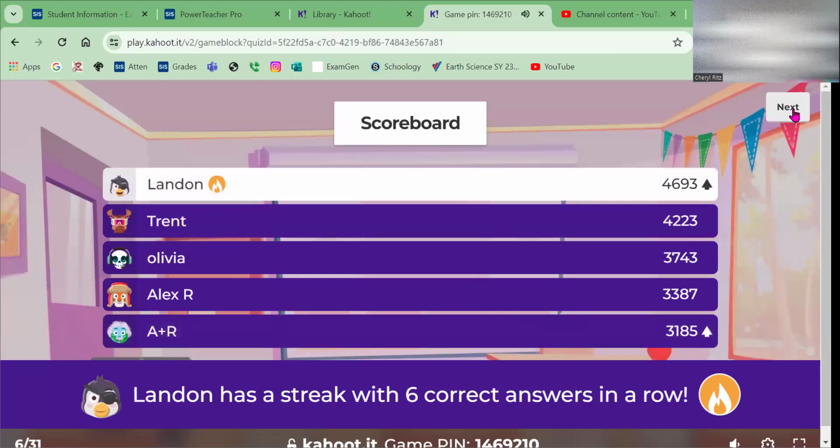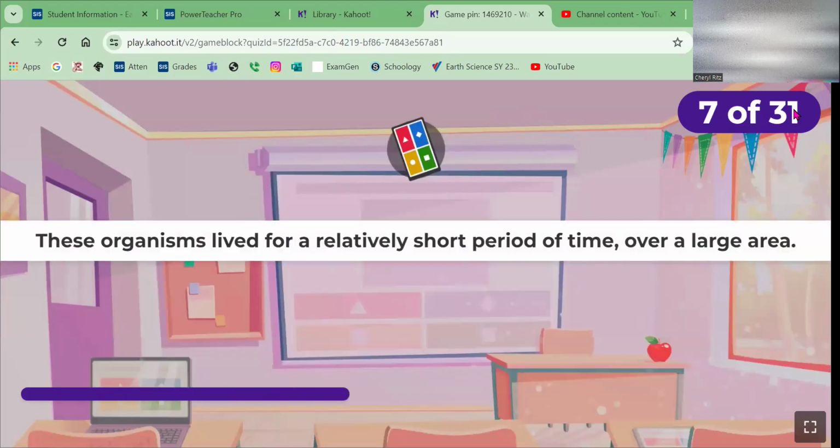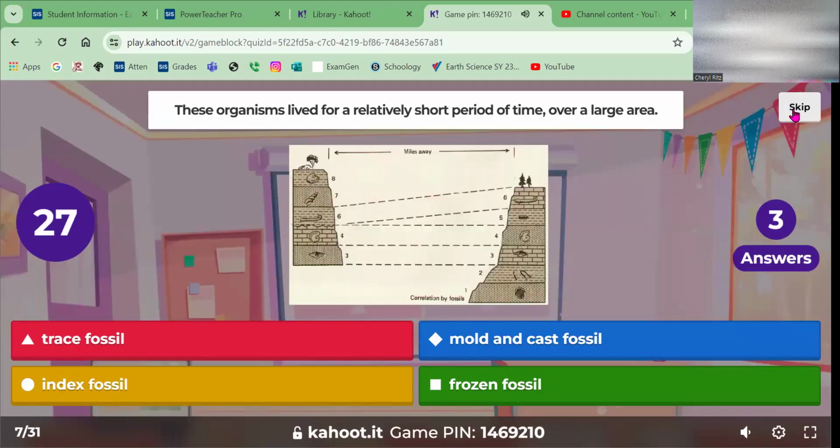Yo, this is just so weird. These organisms lived for a relatively brief period of time over a large area. Class. Yo, Remy. Are you the alpha? Yeah. Okay, just checking. You sure about this, guy? You're teaming too.